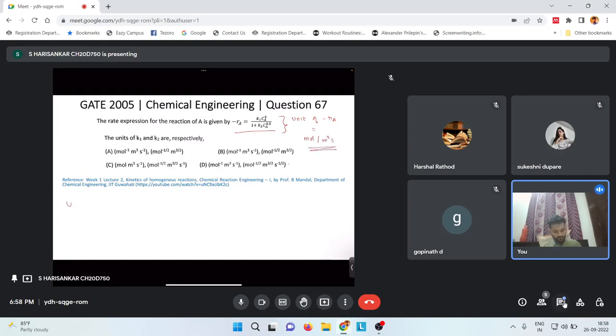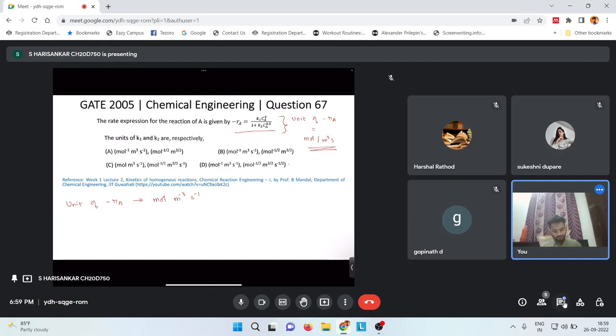So unit of minus Ra is basically mole per meter cube per second. So if left hand side minus Ra is mole per meter cube per second, the right hand side should also satisfy this unit. Okay. So that is the first thing that we need to note here.